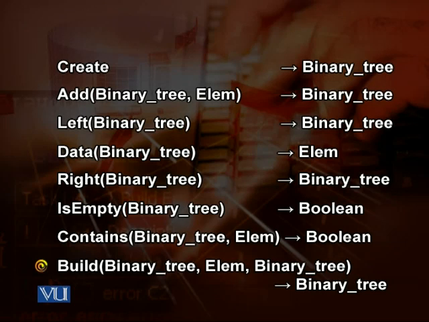We have right, which gives us the right subtree of the binary search tree. And we have this new constructor build, which, given the left subtree, the right subtree, and the data in the root node, creates a new binary search tree by joining the left and right subtrees and adding this new node as the root of the tree. So we have these constructors here: create, add, left, right, and build.